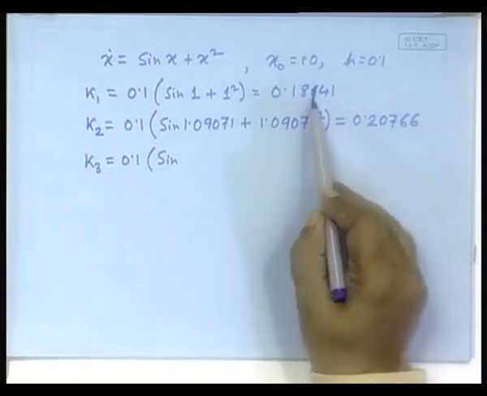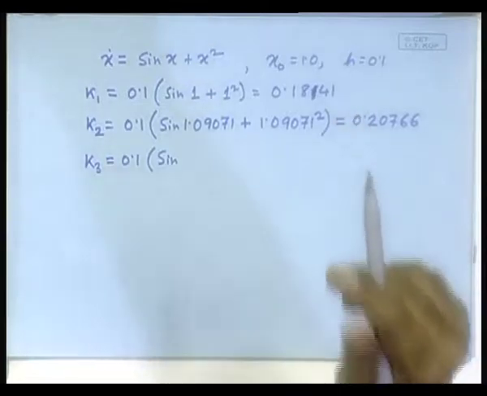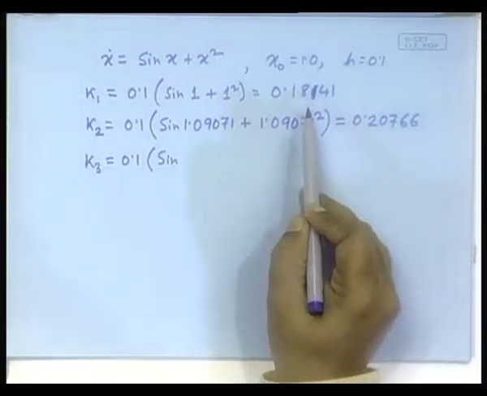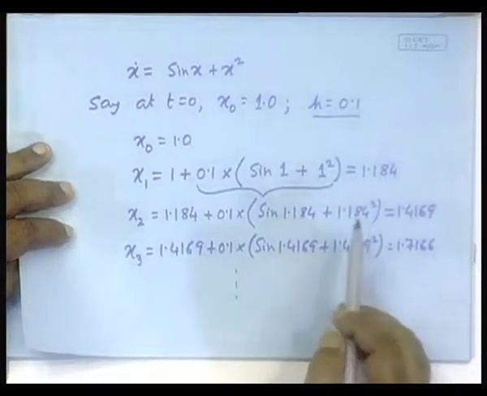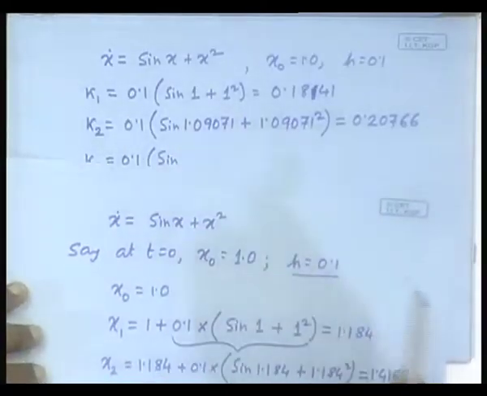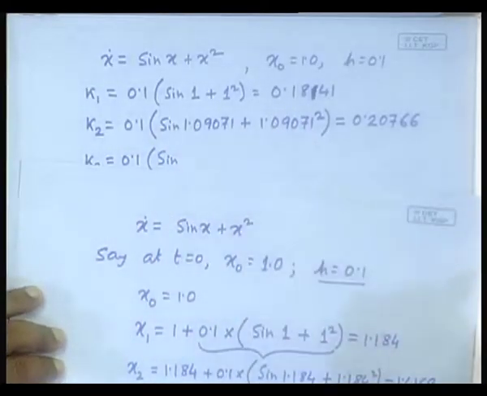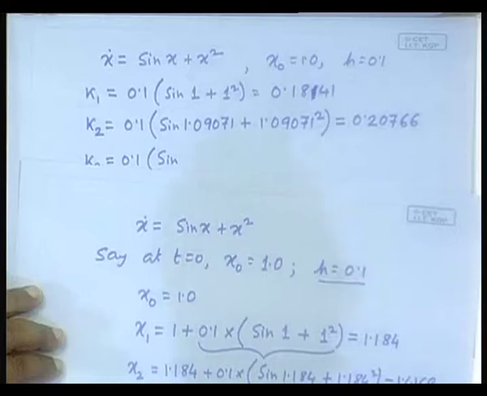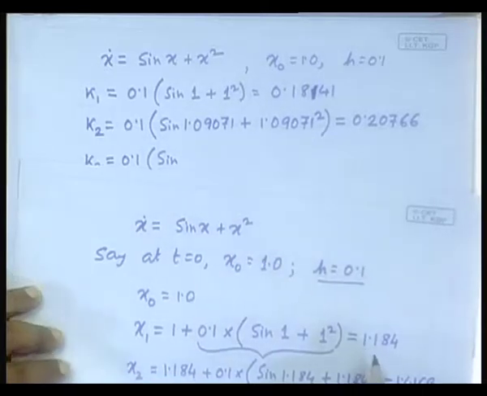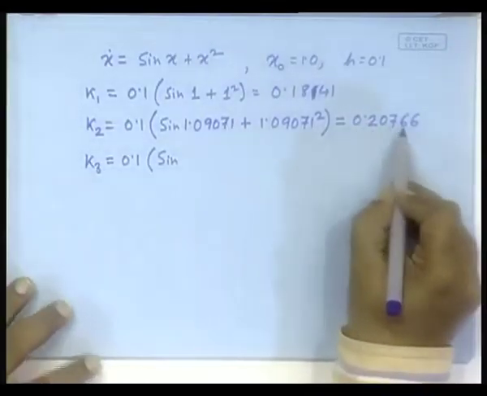Oh, this one was calculated on the basis of 1, no? Can you just check with a calculator whether the mistake was here or here? Because I had done the calculation once, one of these steps may have been mistaken, or I may have written it wrongly. Whether this is correct or this is correct. This one is correct. This one is correct. So 1.18414. Previous ones are all correct. 18414. Okay.